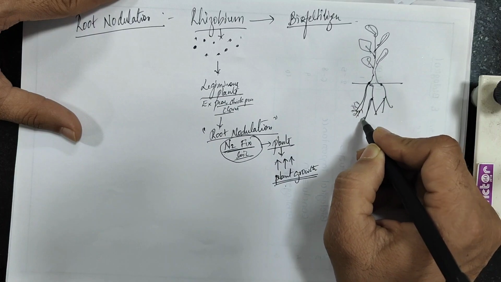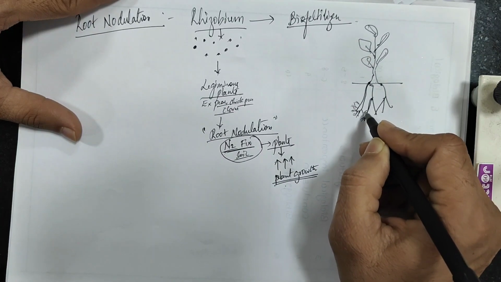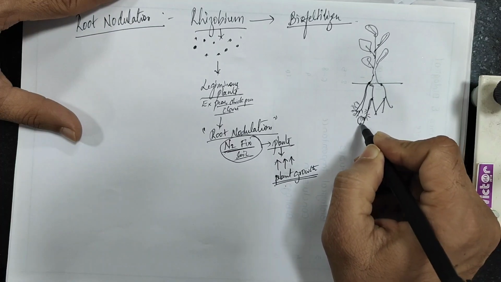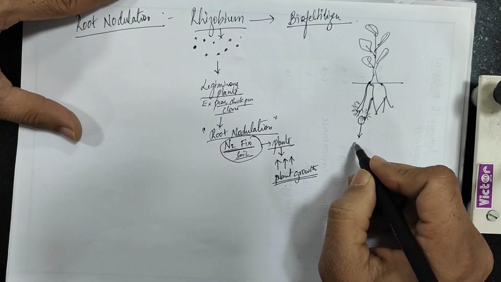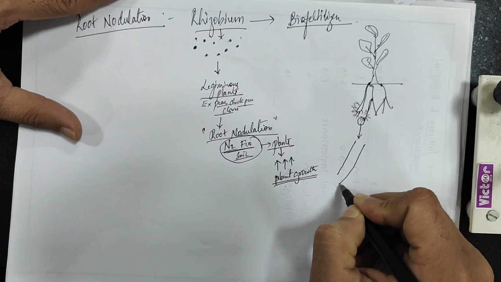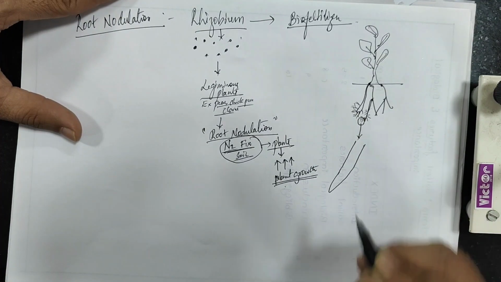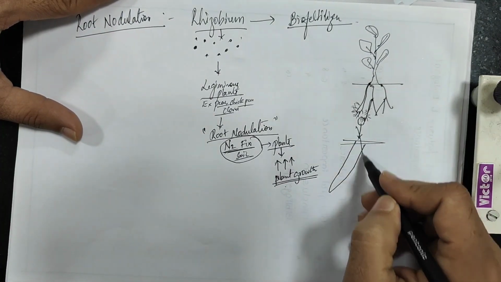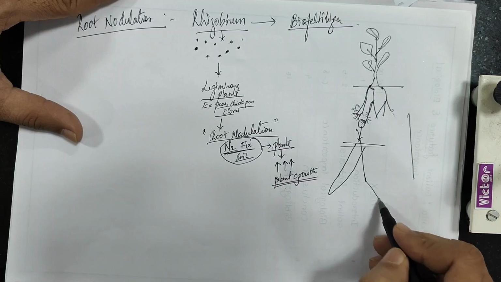Root hairs are very minute structures in comparison with roots. Let us talk about these root hairs. If you enlarge this, the root hairs will be like this, attached to the big roots.